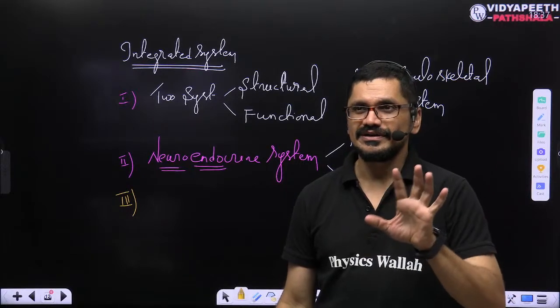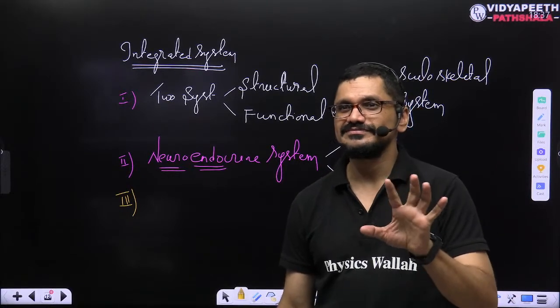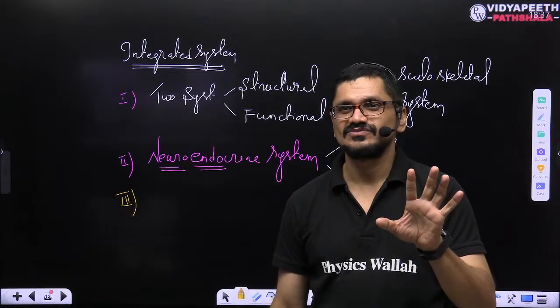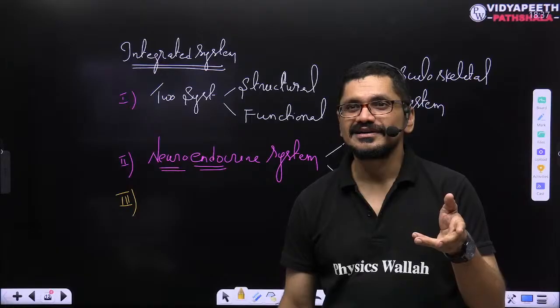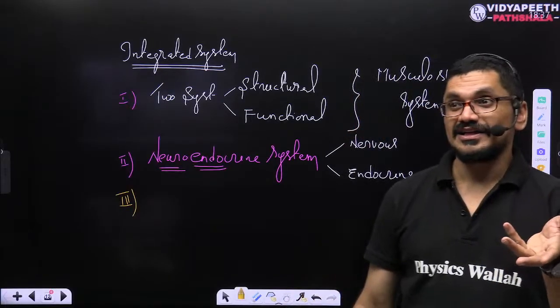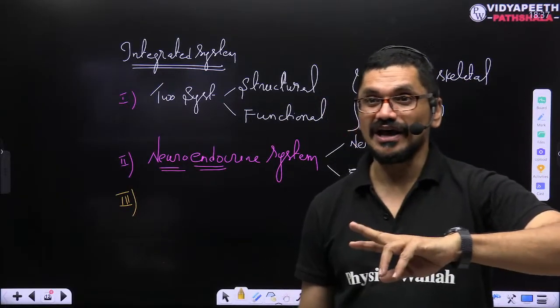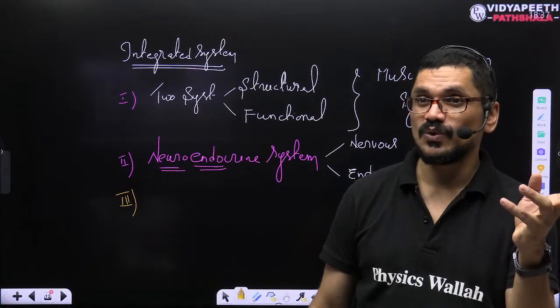Heart pumps what? Heart circulates what? Sir, blood. Blood. So blood, vascular. Heart, cardio.